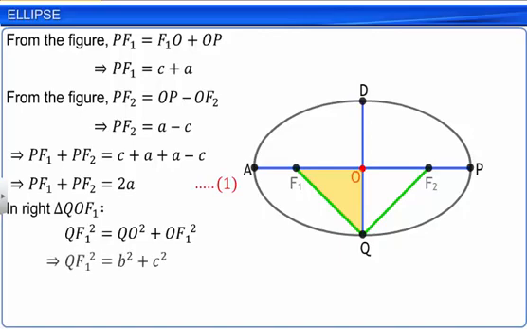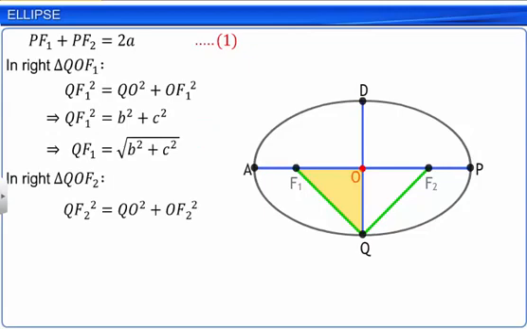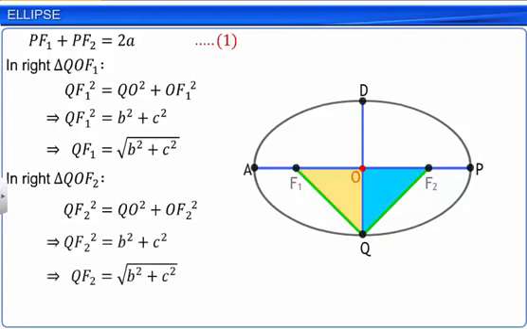Since QO is equal to semi-minor axis b and OF1 is equal to c, we get QF1 is equal to under root b square plus c square. Similarly, from right-angled triangle QOF2, we get QF2 is equal to under root b square plus c square. Thus, the sum of the distances of point Q from foci F1 and F2 is equal to 2 into under root b square plus c square. Let this be equation 2.